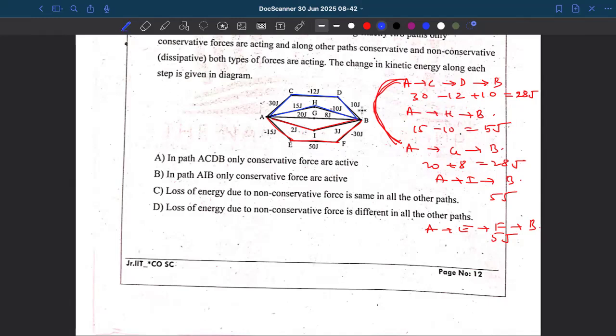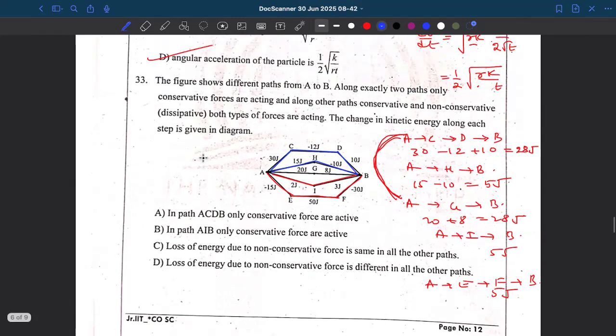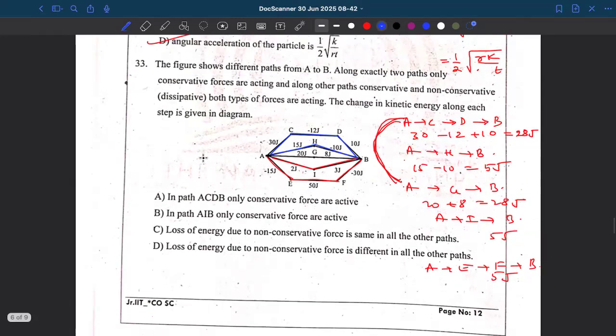Look, that blue path and the red path, individually they are conservative. So what should I answer in this 33rd question? In path ACDB, only conservative forces are active.